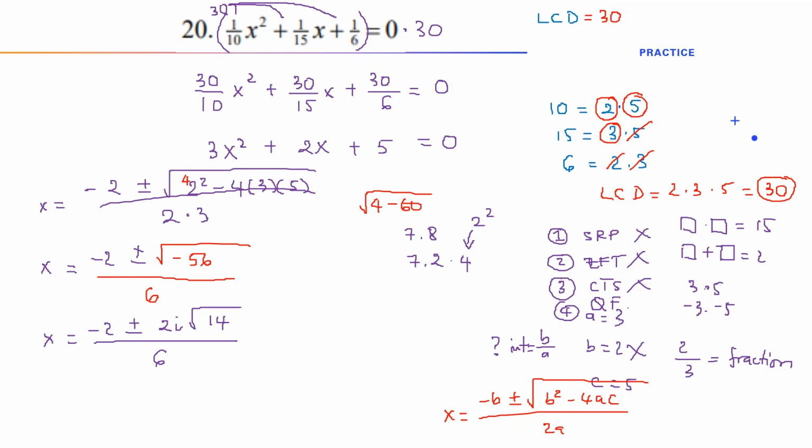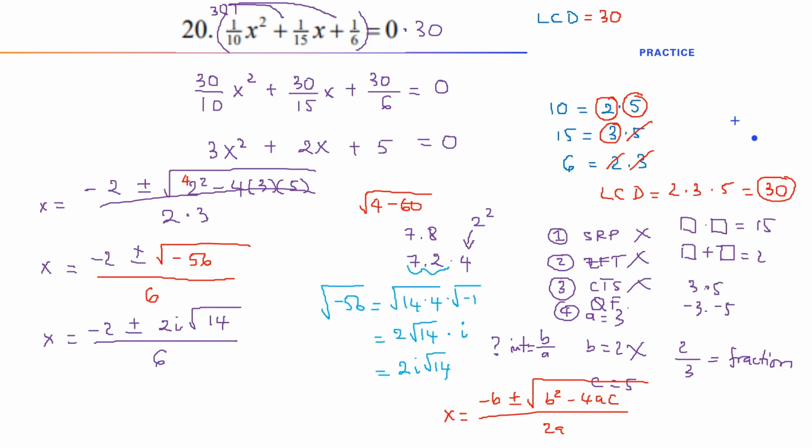Is that too fast? Okay, so I will write out the square root of negative 56 right here. That is 7 times 2 is 14 times 4 is 56. Times square root of negative 1. And that is 2 square root of 14 times i. And I can write it like 2i square root of 14. Now simplify.